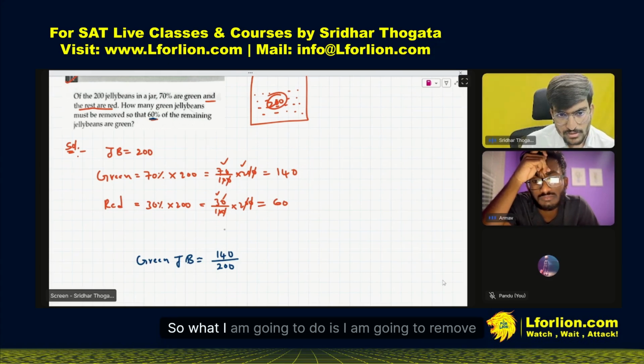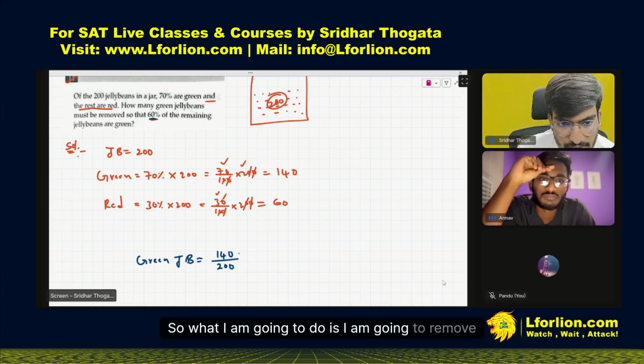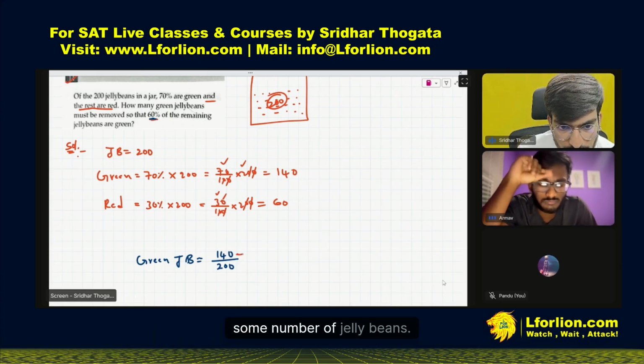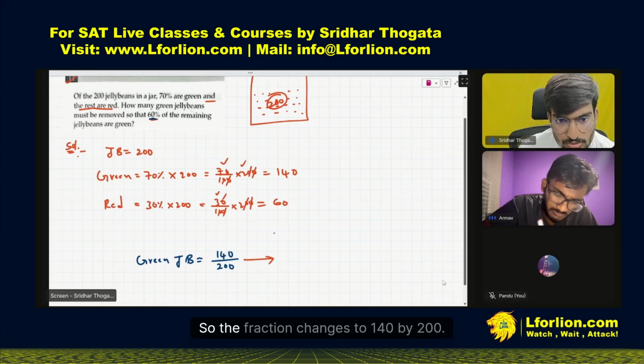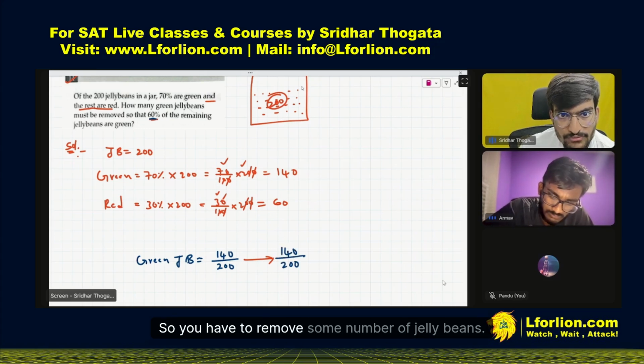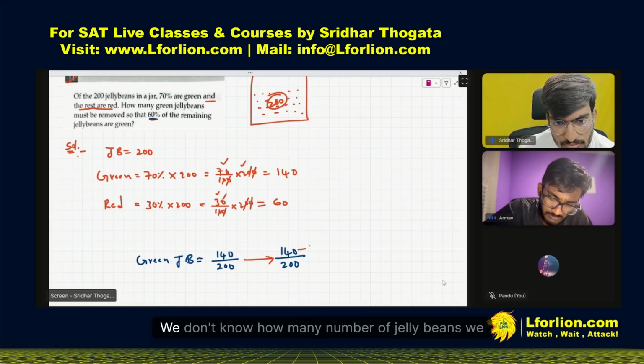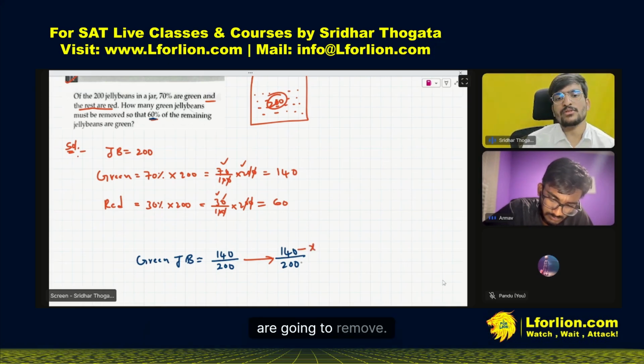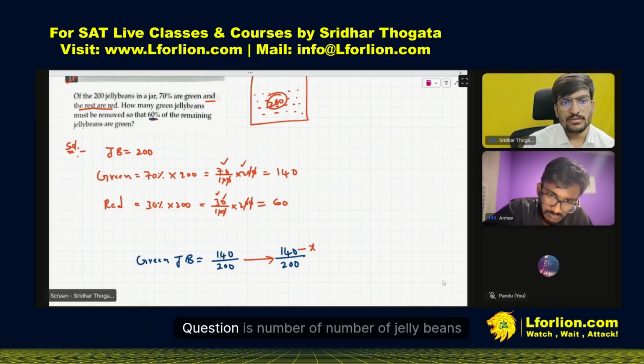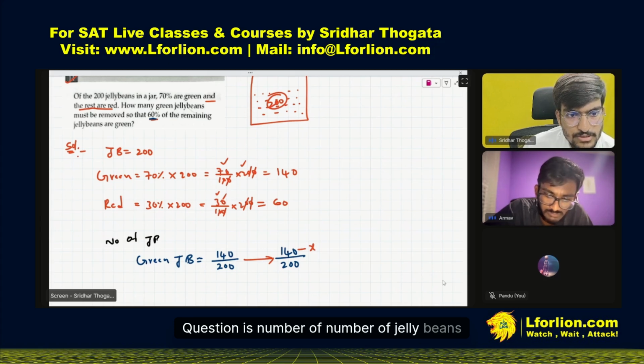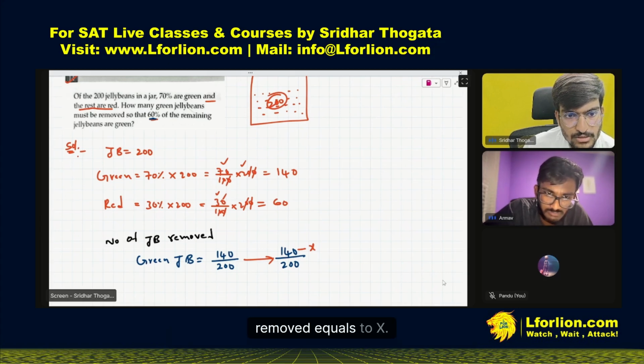So what I'm going to do is remove some number of jelly beans. So the fraction changes to 140 by 200. So you have to remove some number of jelly beans. We don't know how many we are going to remove. You got it? Number of jelly beans removed equals x.